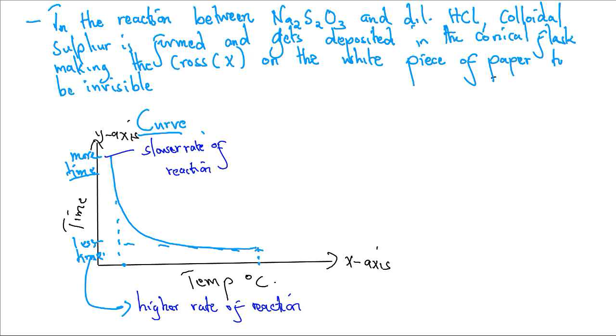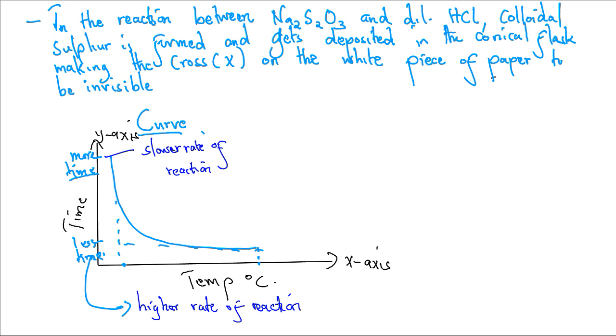And the same thing that happened in the case of concentration will also take place when we talk about the magnesium ribbon and HCl. The real difference between this magnesium and HCl and that for hydrochloric acid and sodium thiosulfate is that in this other one, the way of knowing the rate of reaction is based on the volume of the hydrogen gas that is produced.